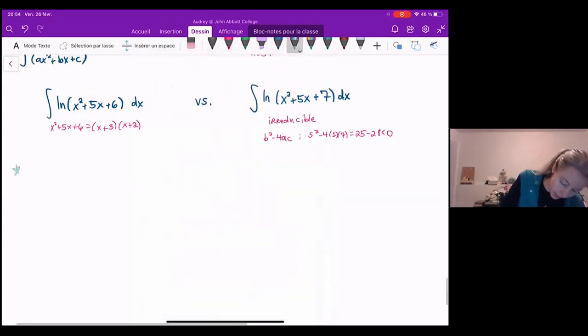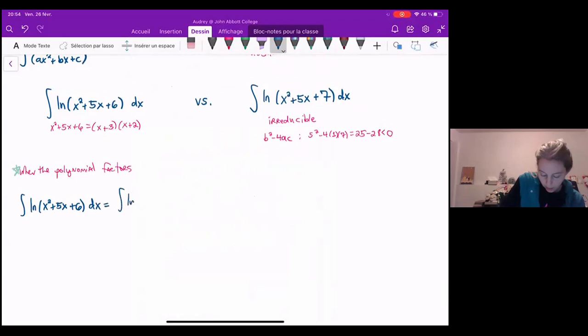We'll start with the case of when the polynomial factors. So we have the integral of ln of x squared plus 5x plus 6, and we already saw that x squared plus 5x plus 6 turns into x plus 3 times x plus 2, dx.